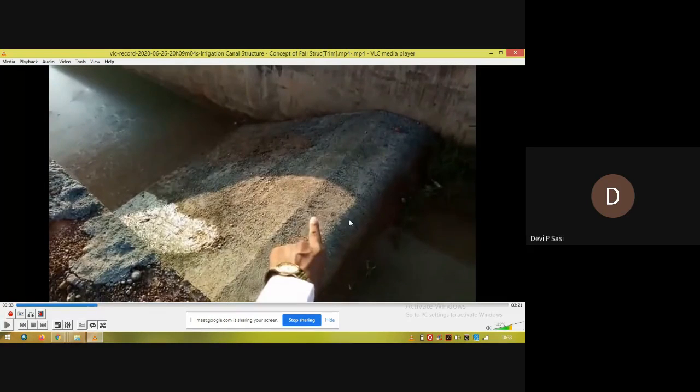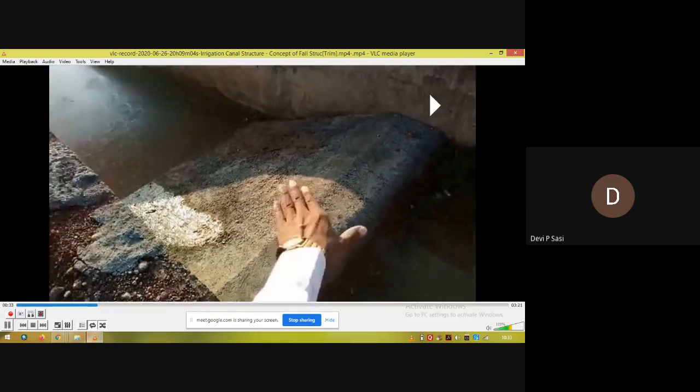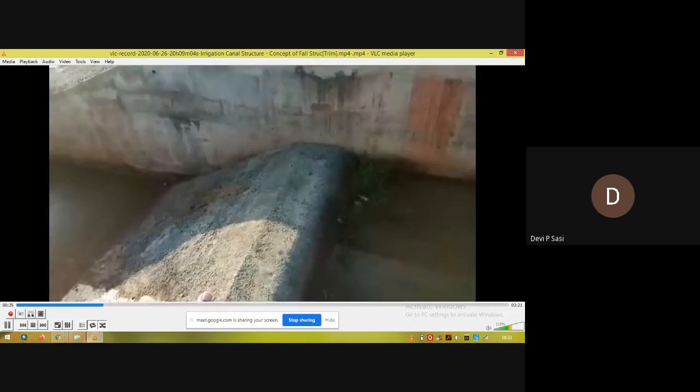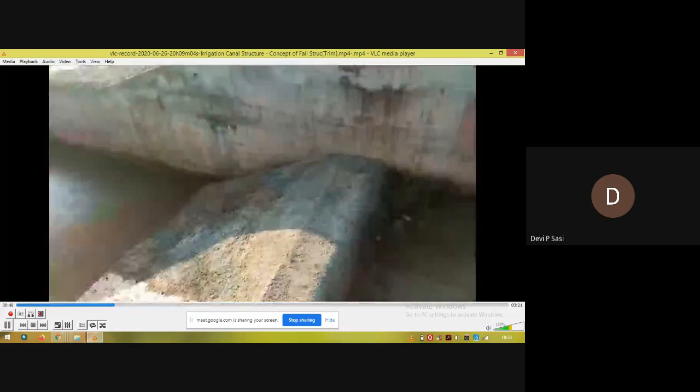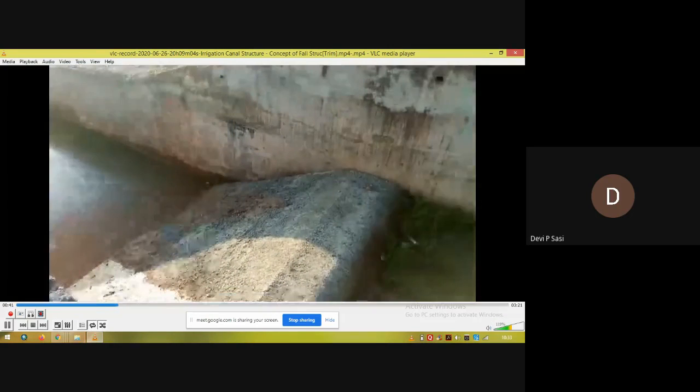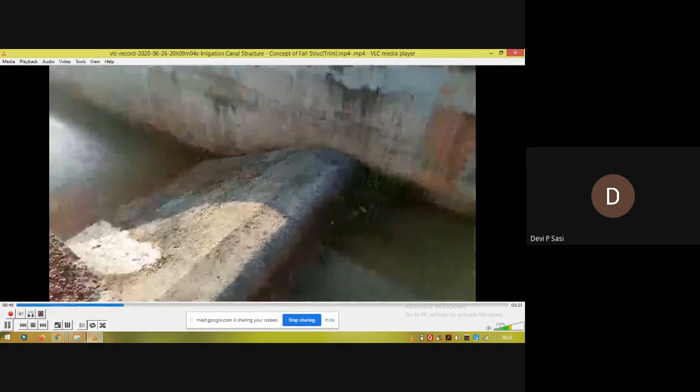Here is the downstream region. The water flows from the upstream region over the crest segment, and the energy of this falling water is dissipated in the cistern region. This is just to understand the phenomenon of a canal fall.